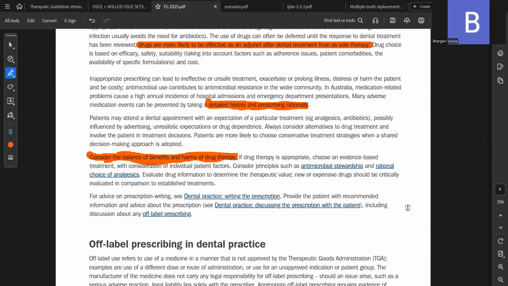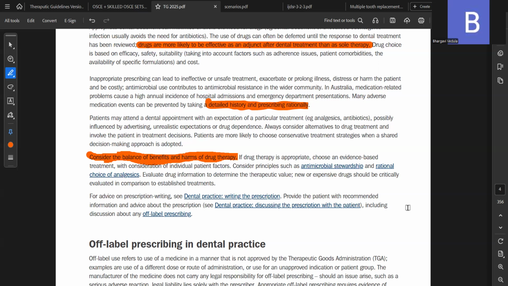Evaluate drug information to determine the therapeutic value, how valuable it is. New or expensive drugs should be critically evaluated in comparison to established treatments. Whenever a new drug comes into the market, the marketing people will come and tell us, they'll explain everything, and they'll give a sample to us also. But when we are prescribing to the patient, we have to really be careful when prescribing the new drugs.